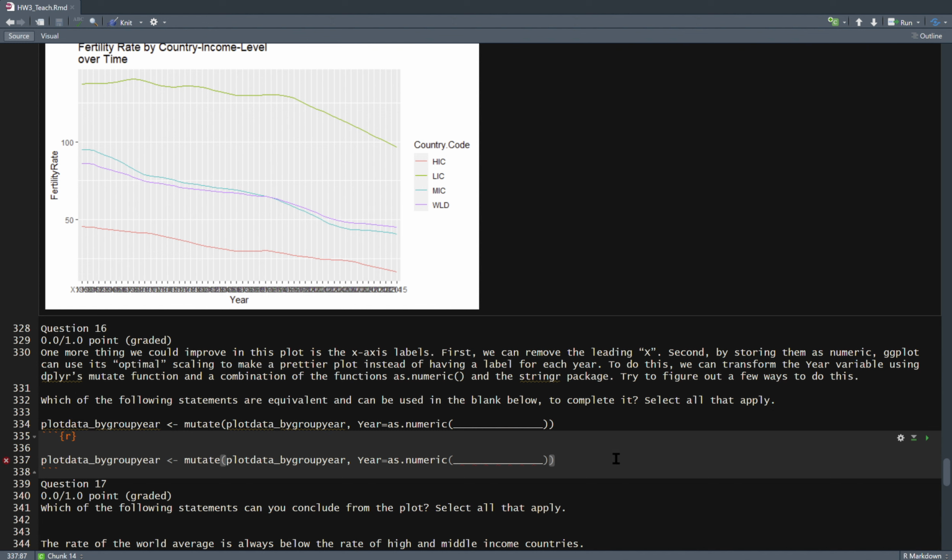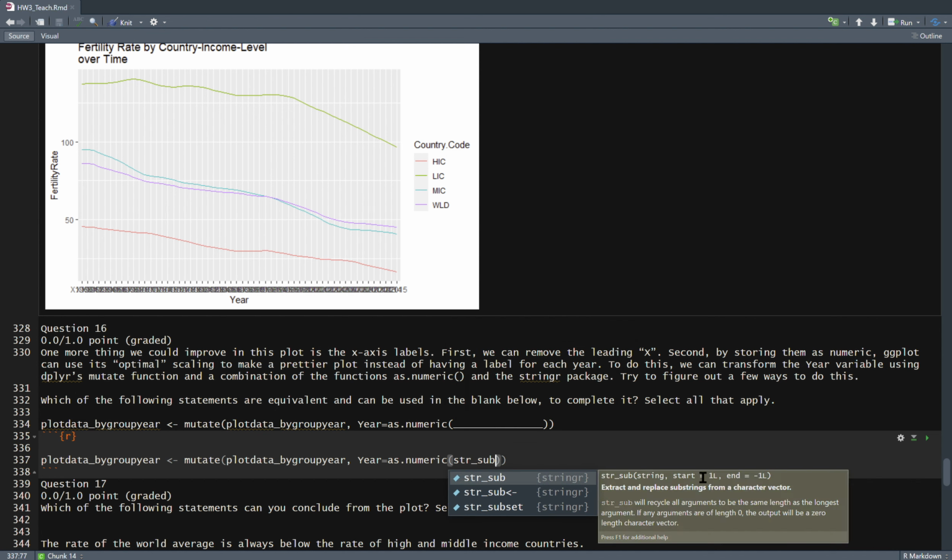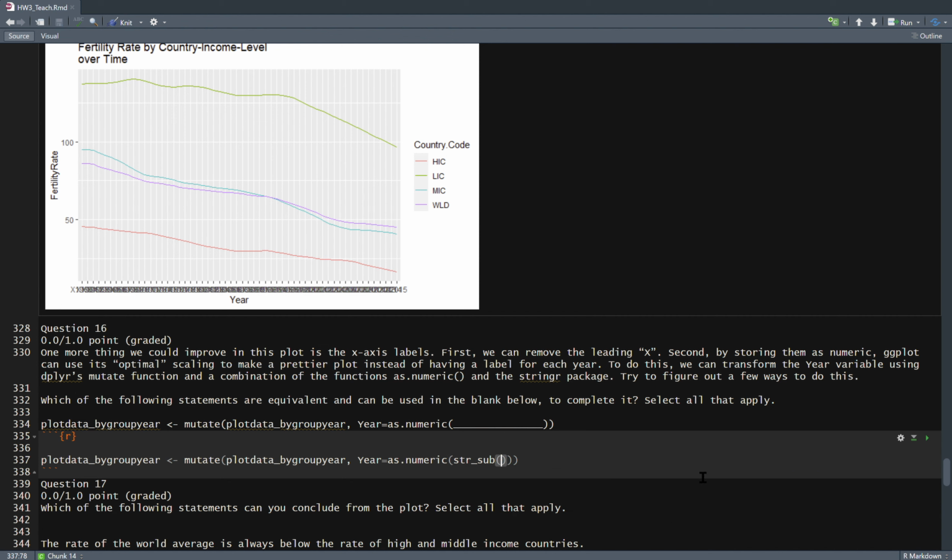What we can do first is look just for the year. We don't need the x, right? We just need the year part. So we can use the substring function, str_sub, and we'll take the year part from the string.